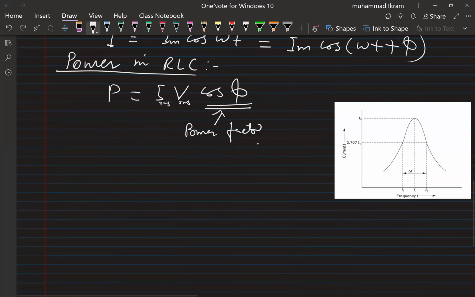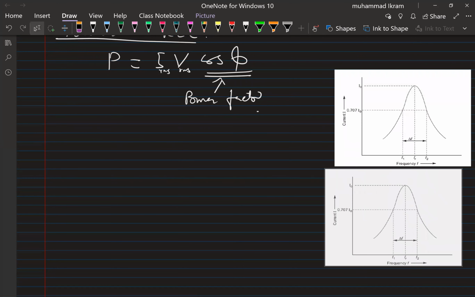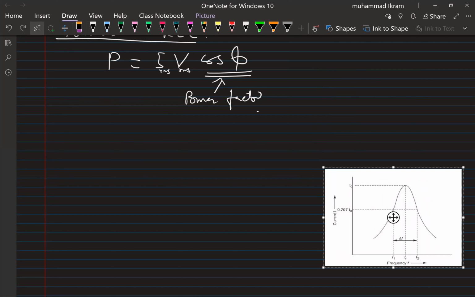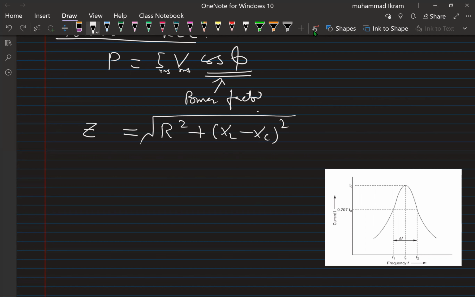Now you know that Z equals the square root of R square plus (XL minus XC) whole square. So there are many cases. What are those cases?